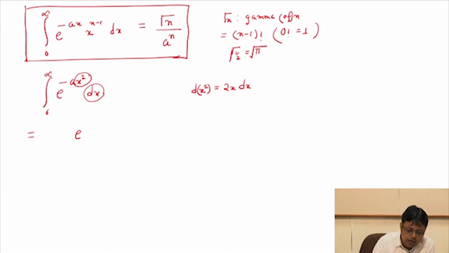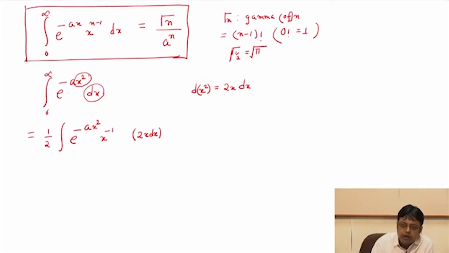I have e to the power minus a x square into 2x dx, that will give me the d of x square, and then I have to divide it by x, which I will write as x to the power minus 1, and I also have a factor of half to account for this 2 here.